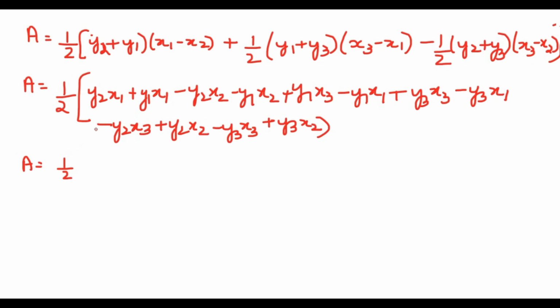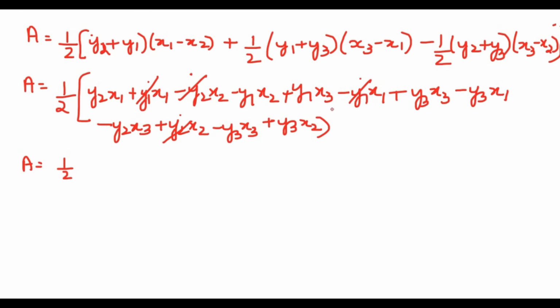We cannot remember such a lengthy formula, so we need to simplify this. So what I am going to do is I am taking out the terms with x1, I am going to write. Before taking outside the common term I can cancel. So y1 x1 and one y1 x1 is here, y2 x2 and y2 x2 is here.